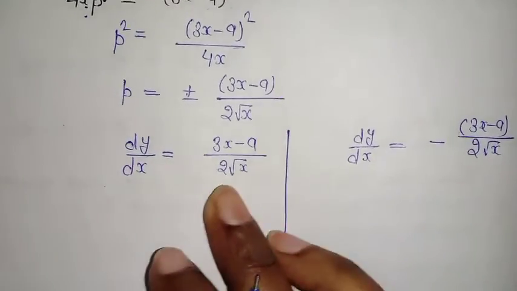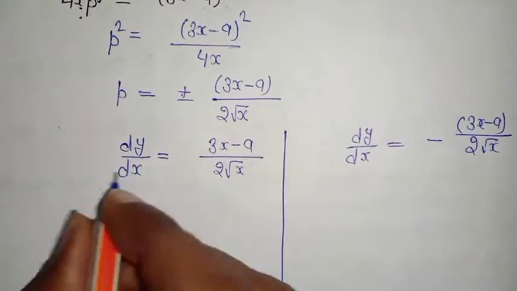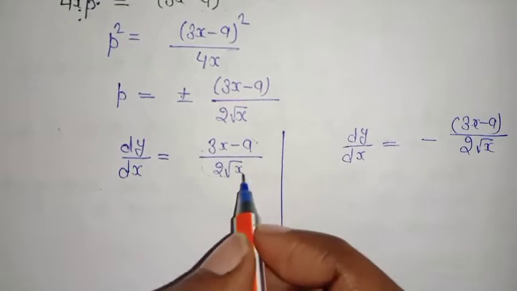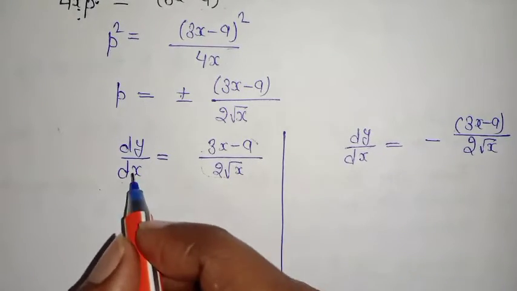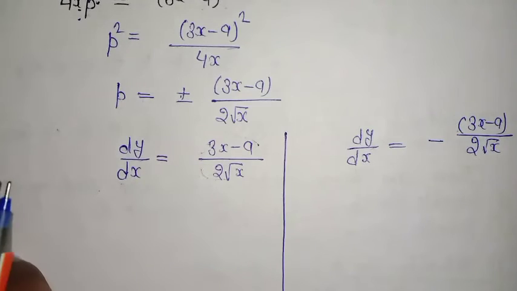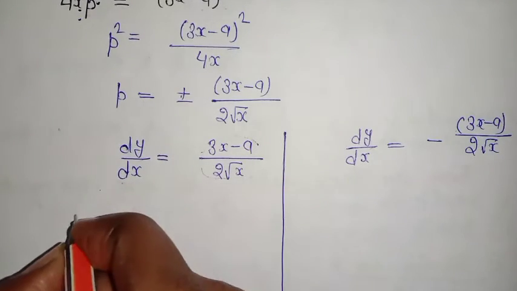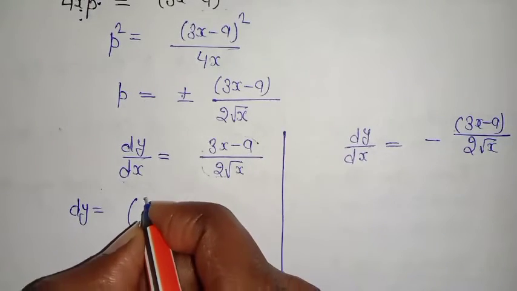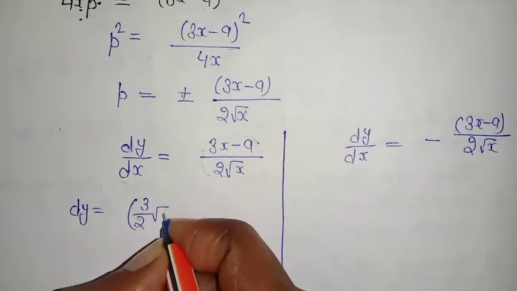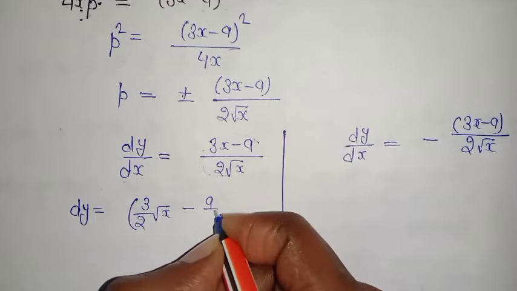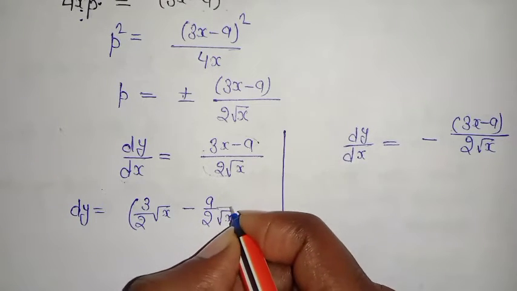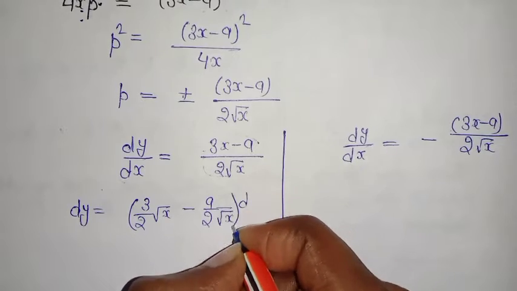If we integrate it, we can easily separate it, because here you can see this is a function of x only, and if we integrate by the variable separable method, it can be easily solved. So dy is equal to 3 by 2 root x minus a by 2 root x, applied over dx.